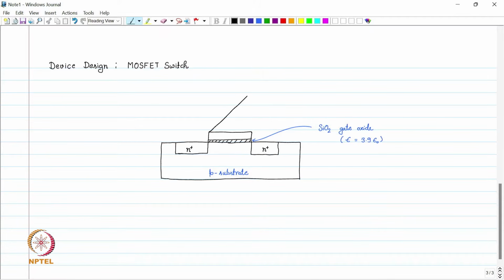So in 3D, the MOSFET structure looks something like this. We have this distance as the length of the channel, and this is the width of the channel.